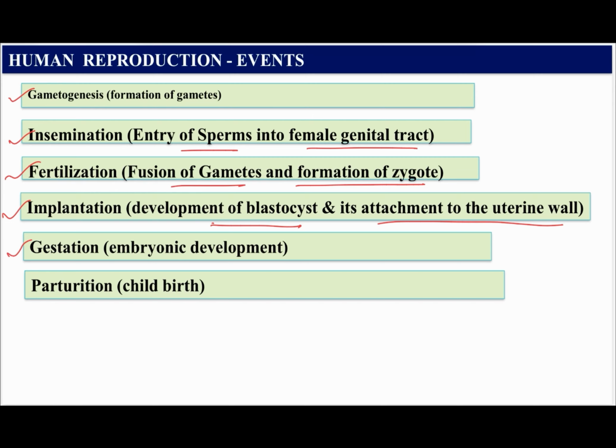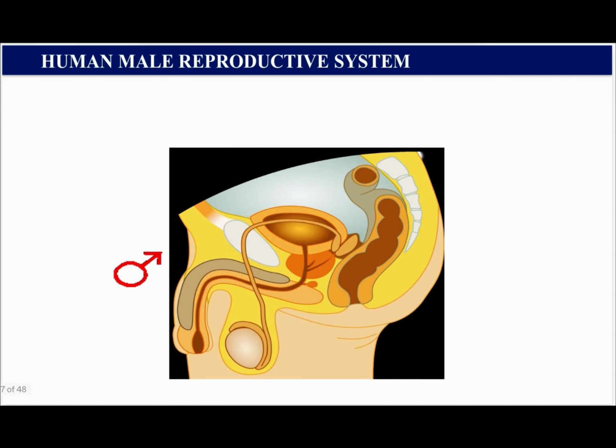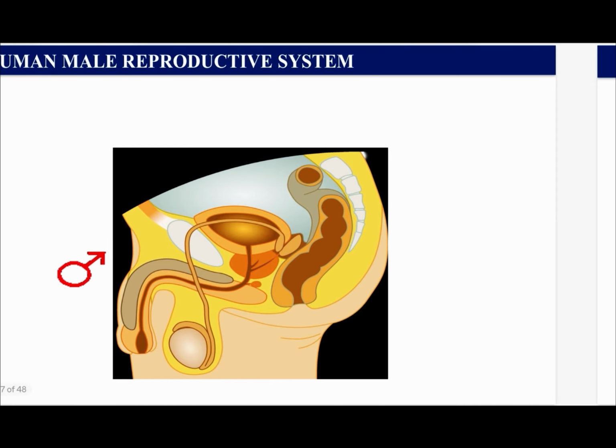Then gestation, that is embryonic development, and at last parturition, that is childbirth. We will go through these events one by one in later parts. So today we will start with the human male reproductive system.